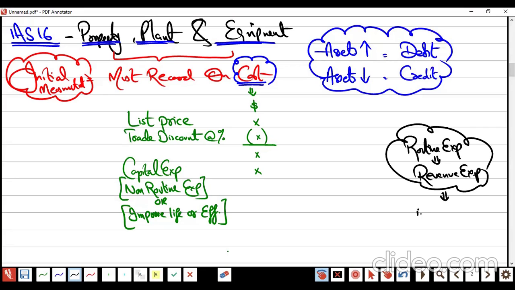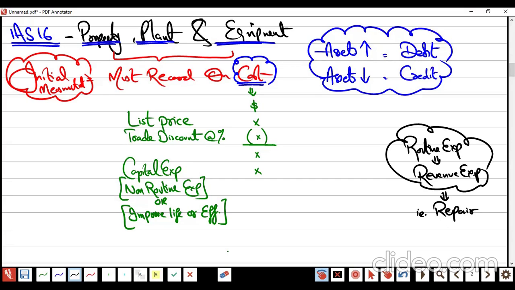Examples are repair. Repairing of asset is happening here and there. So any expense that happens again and again is known as revenue expense.